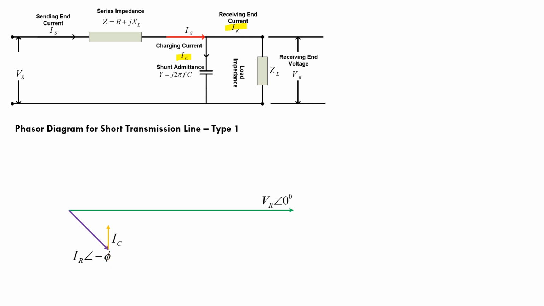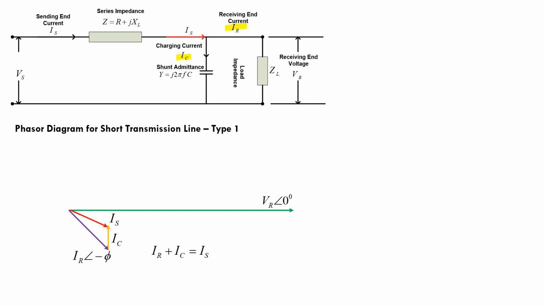So in this way you can draw the phasor for the charging current IC, and once you draw it, you have this equation that IS is equal to IC plus IR. The phasor sum of IR and IC will give you the current IS.